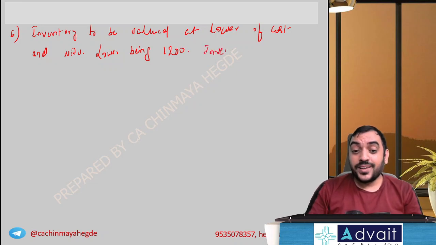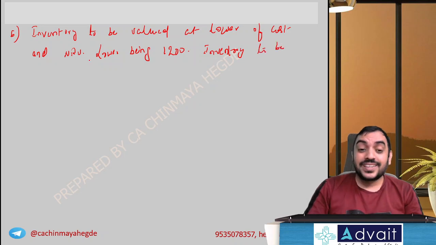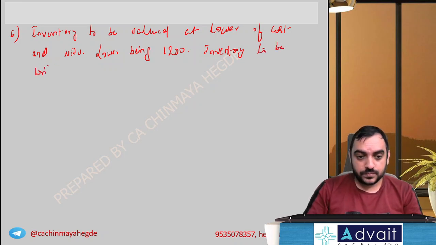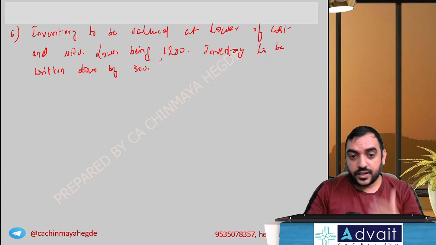So inventory to be written down by 300, 1500 minus 1200.